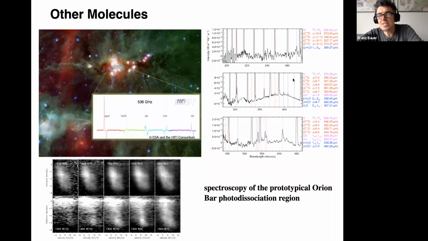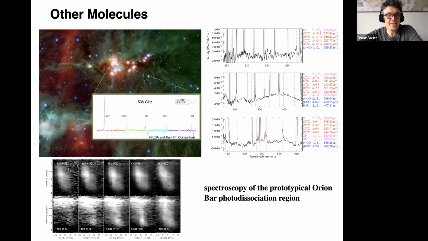And then you can see other, so HCO, you can see para water here. Then there's a neutral carbon line here, and so forth. So the spectra can be very rich, but also note that this is in microns now, so between 200 and 600 microns, which is a huge bandwidth, which is why you can see these multiple species from J values of 5 to 4, all the way up to 13 to 12 or so.